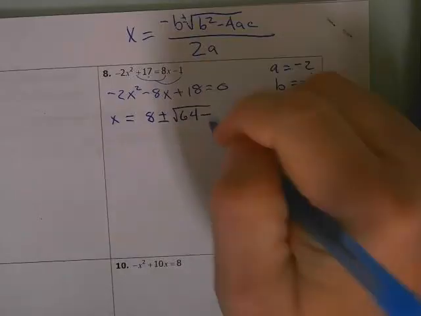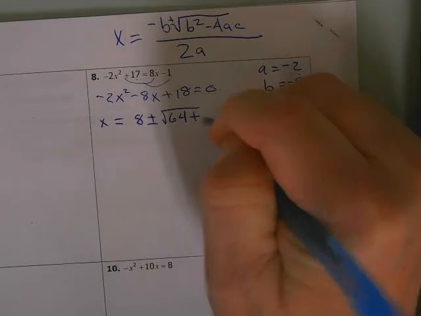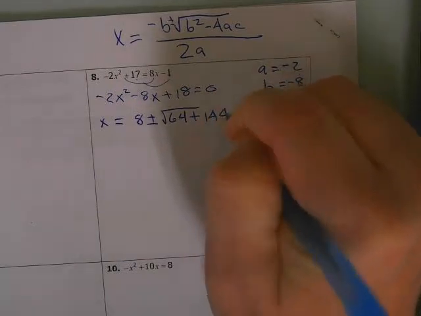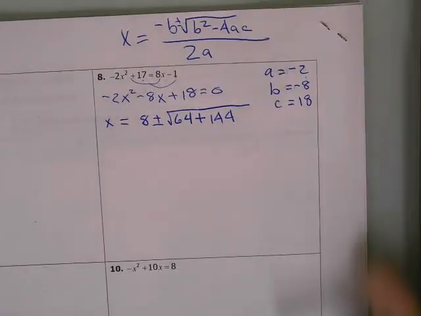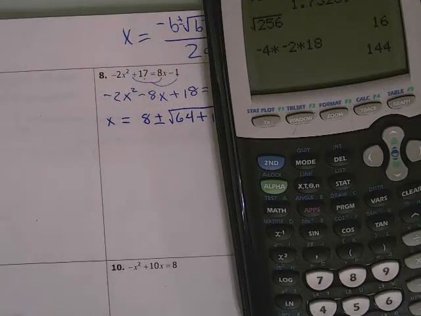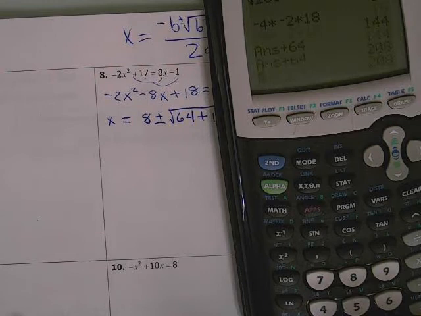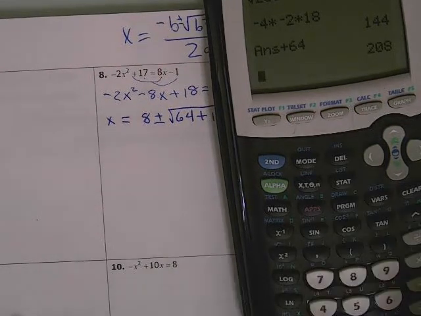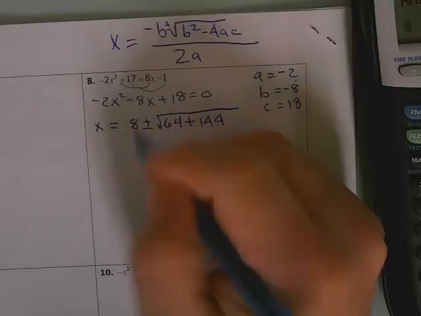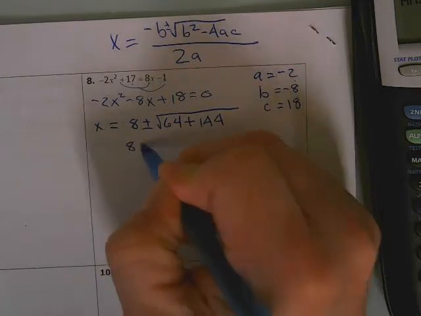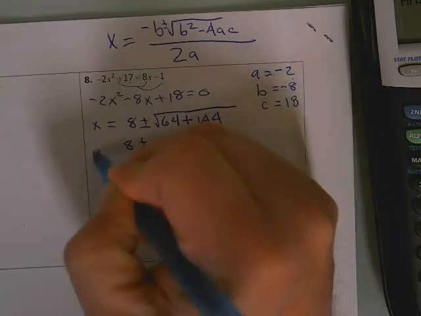It's positive 144. And then 144 plus 64 is 208. And you can't take the square root of 208. So let's think about it. What is the next option?